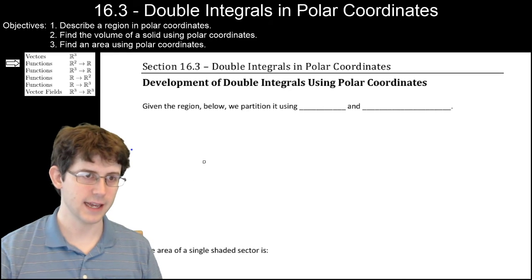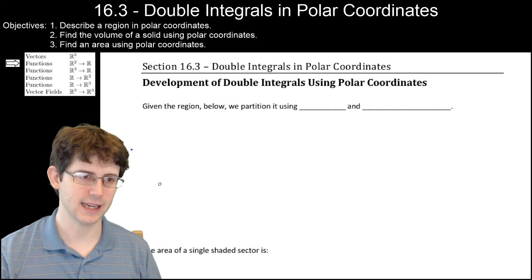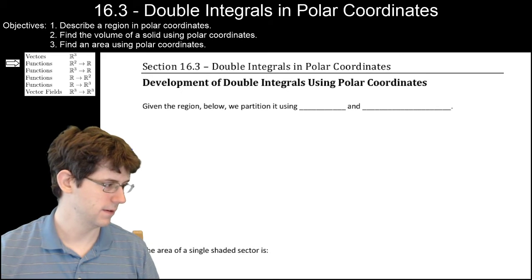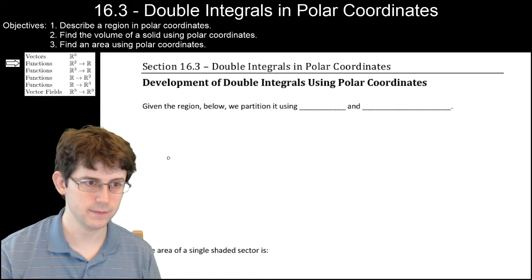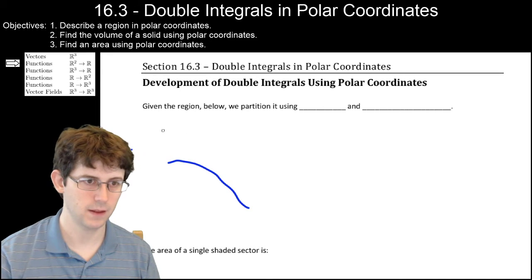So what we do instead when we have polar coordinates is I'm going to do the same thing. I have a region in the xy plane.